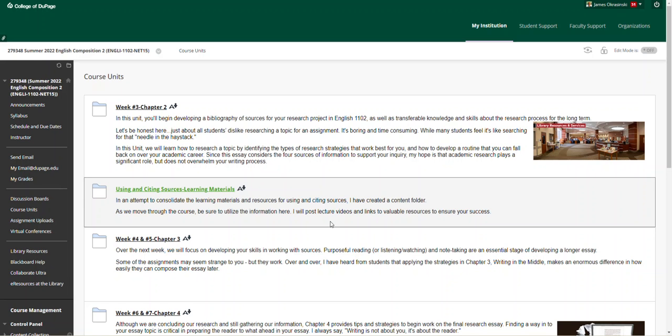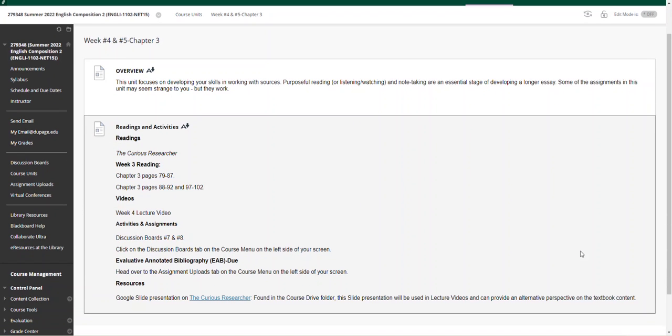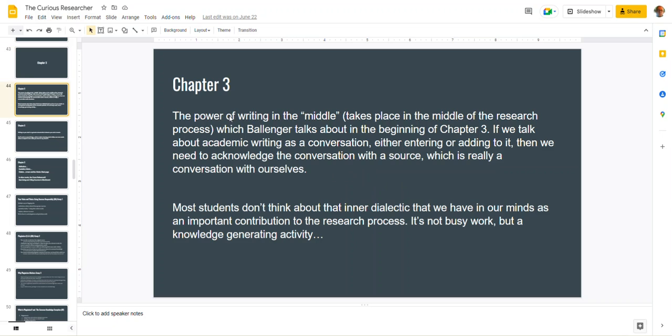So chapter 3 is all about what Ballinger calls writing in the middle. And let me get into chapter 3 and we'll talk a little bit about that. Many of you have already completed discussion board 7 about the triad, paraphrasing, summarizing, and also quoting. So what we need to focus on at this point is finding that information that is just critical to moving the conversation along about your topic.